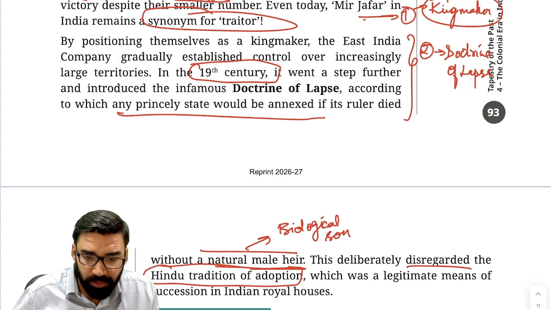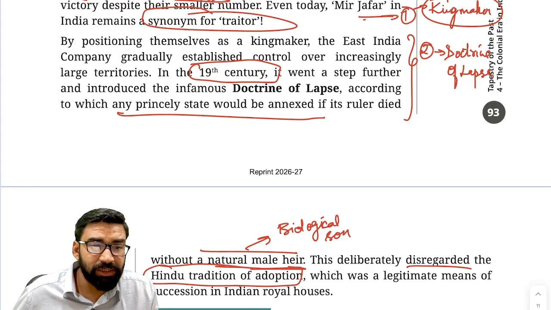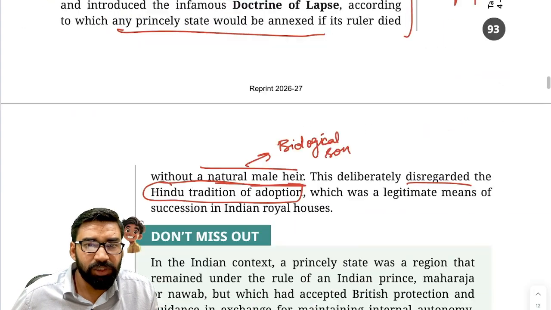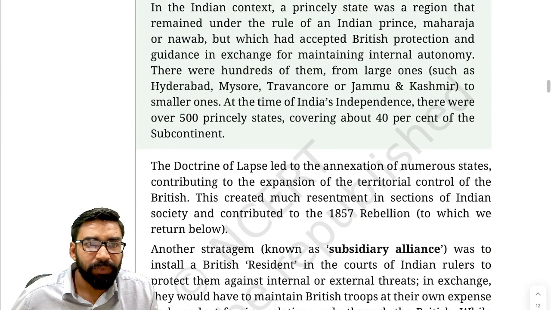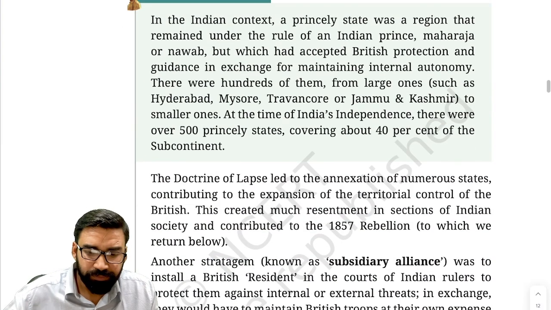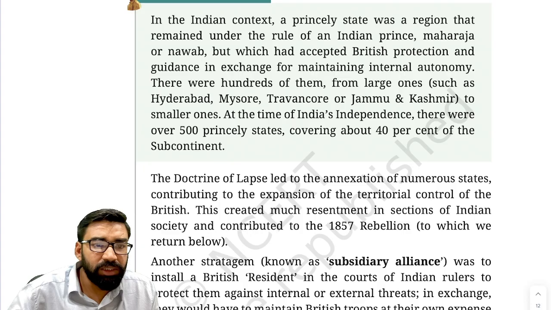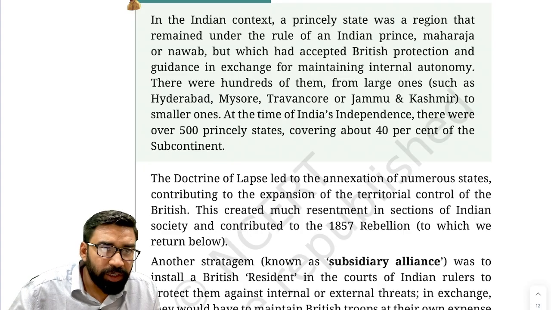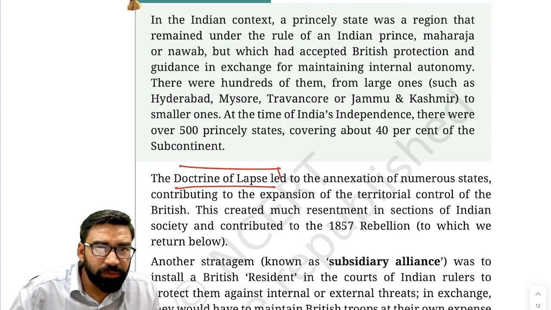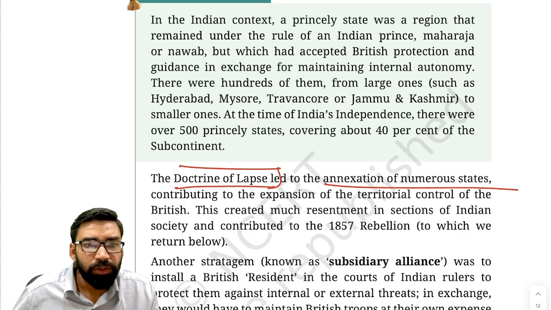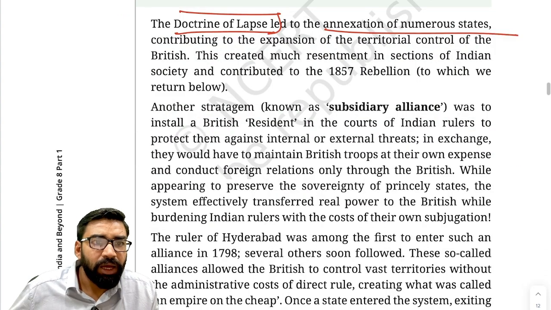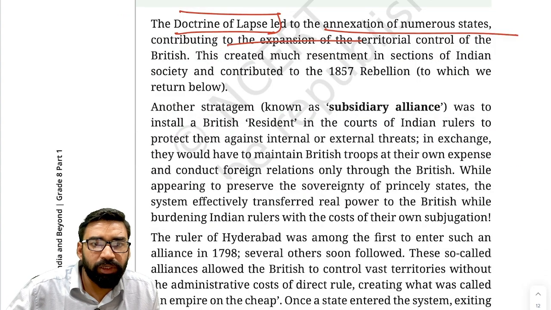In this scenario, numerous states were annexed. So this was the second policy. This doctrine of lapse is very important, as it led to the annexation of numerous states, and because of this British territorial expansion was also done. Clear?